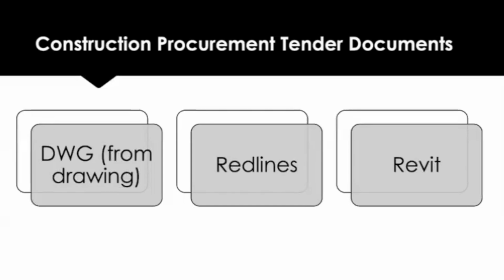A redline is a drawing essentially with a red line that shows corrections or changes to a previous drawing. It comes from the term where years ago people used to use a red pen and amend the drawings by hand. So these changes and markups can show the changes made to a drawing during the manufacture or construction. And Revit is, again, a computer program. It's Autodesk Revit, a building information or BIM software for architects, structural engineers, MEP engineers, designers and contractors.